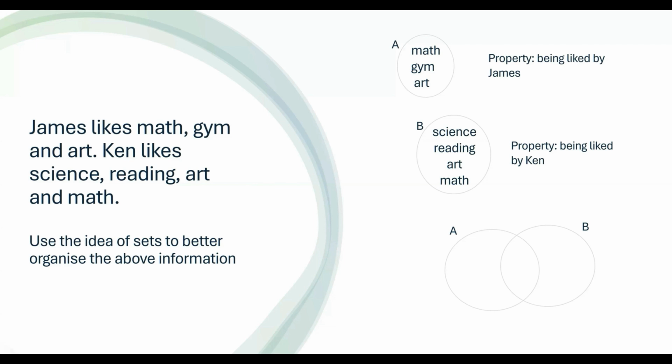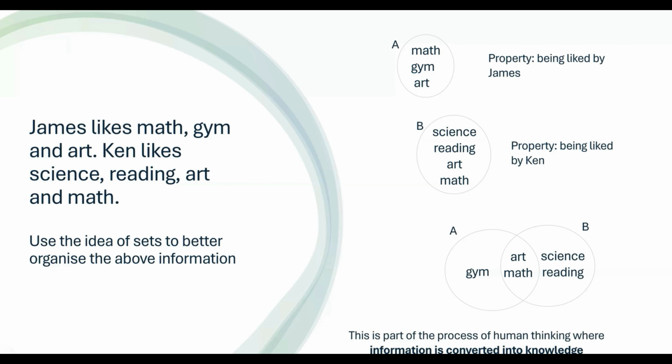Here we have a diagram of the two sets, the overlap. The two subjects that they do together are put into the middle, the overlap. And then for set A, for James, we put gym, and for Ken, science and reading. So this is a typical graph that you hear people talk about, the Venn diagram.